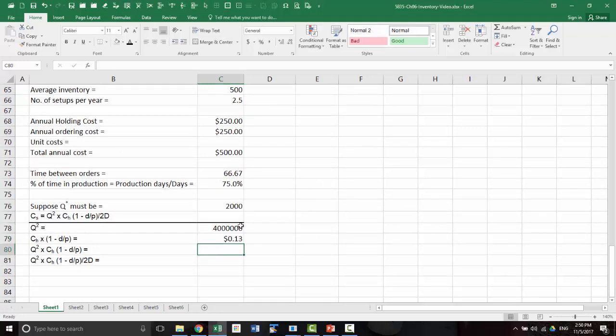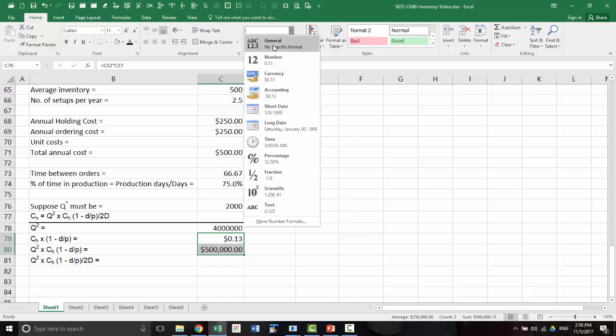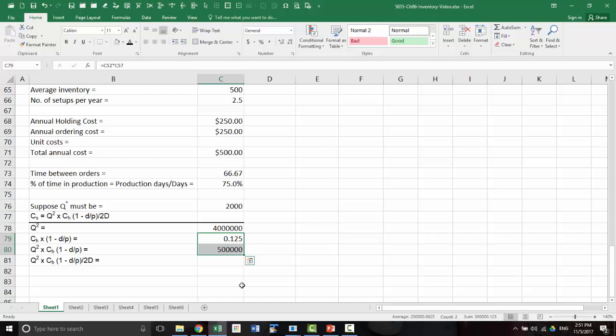Then we multiply those two. Now divide that by 2 times D.